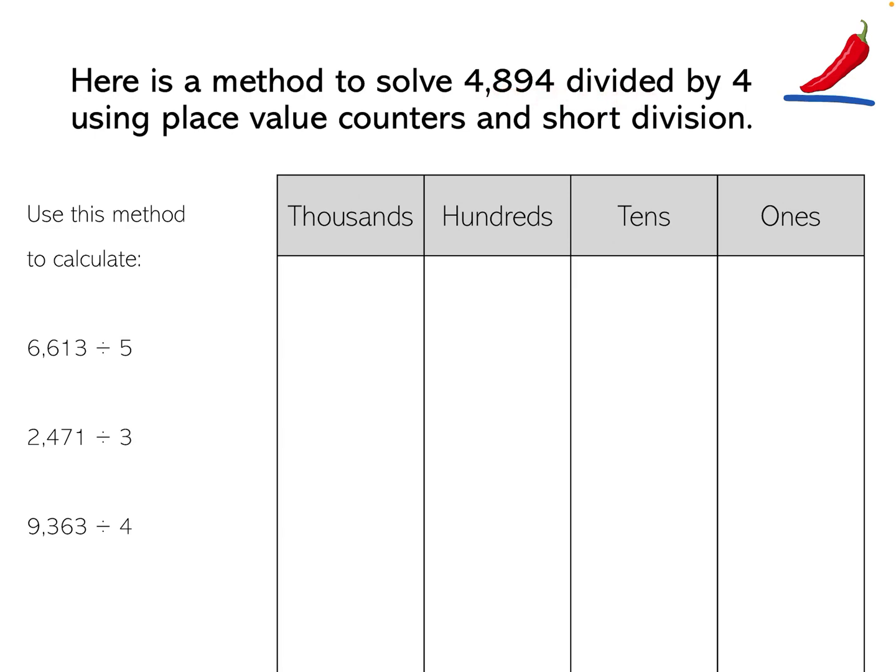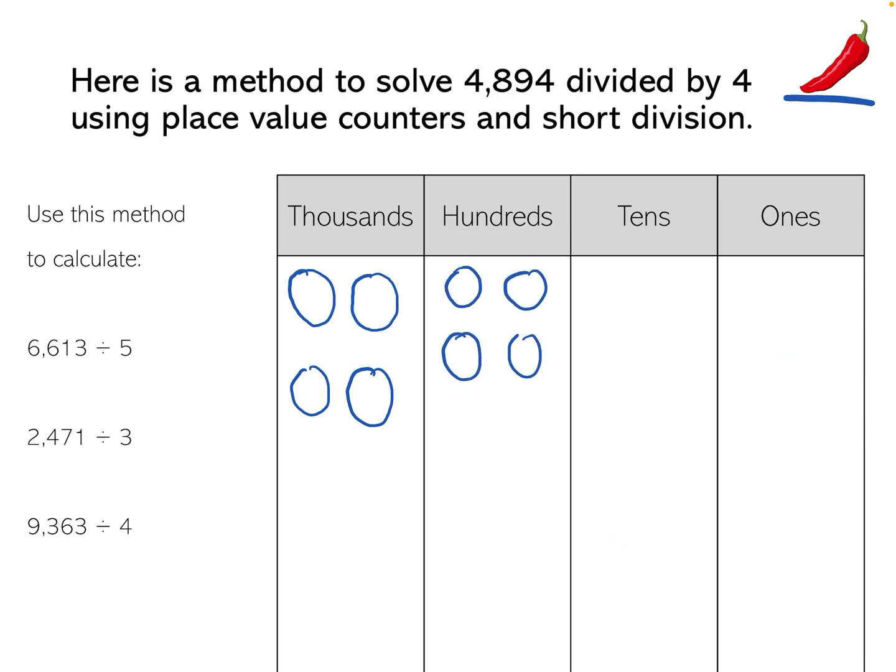We're going to do 4,894 divided by 4. So in my thousands, how many thousands have I got? I've got 4,000. So I'm just going to do them as circles. Now I've got 8. 1, 2, 3, 4, 5, 6, 7, 8.